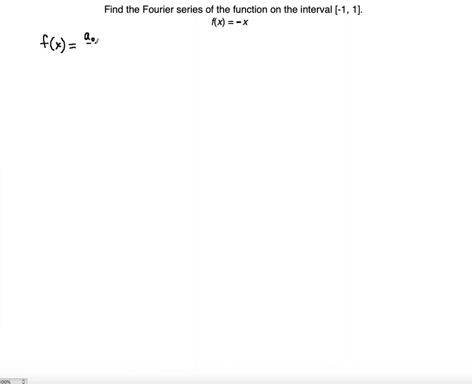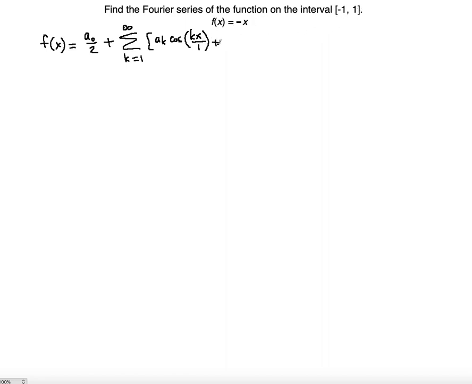Okay, so for this reason, we know that the function is going to be of this form: a subscript 0, or a naught, plus the series from k equal to 1 to infinity, of a subscript k cosine kx over 1, and 1 we get precisely from taking the period of 2 and dividing it by 2, right? 2 divided by 2 is 1.